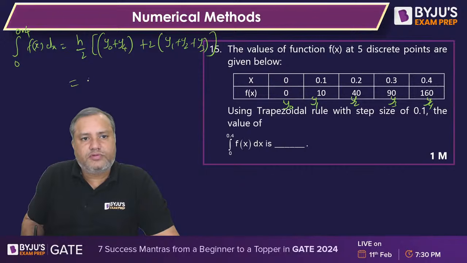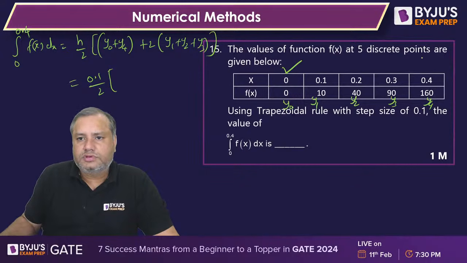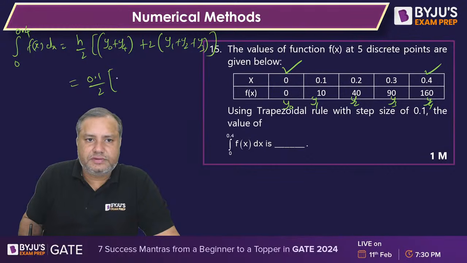H is 0.1 on 2, y0 plus y4, 0 and 160, then y1, y2, y3.